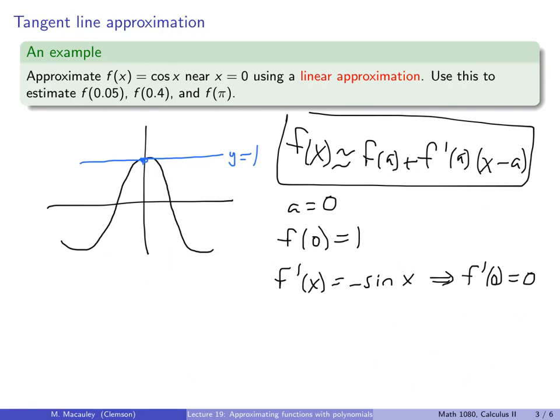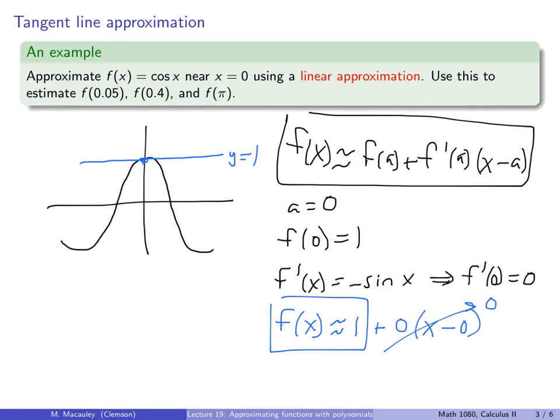We should be getting y equals 1, so let's check. f of x is approximately equal to f of a, which is 1, plus 0 times x minus 0. And so that, of course, just goes away. So f of x is approximately equal to 1, and this only works close to 0.